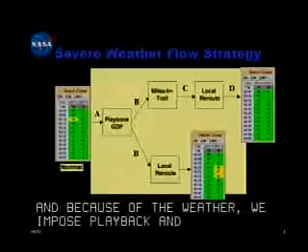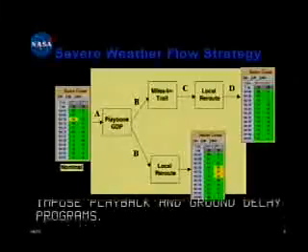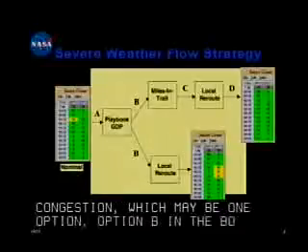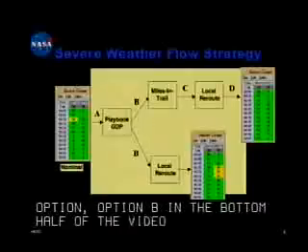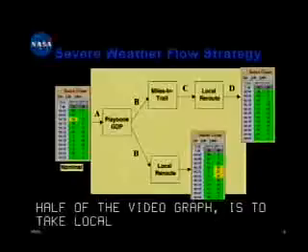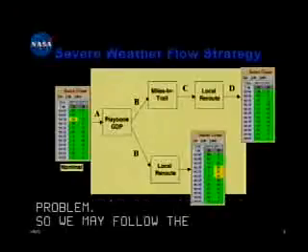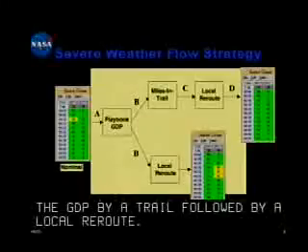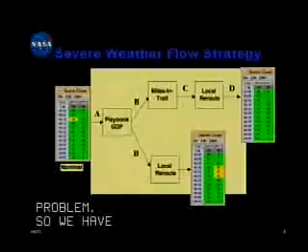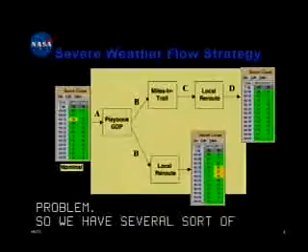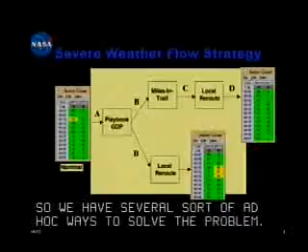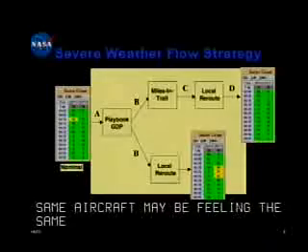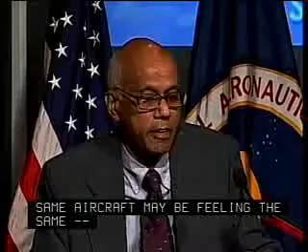And this causes even more congestion, which may be one option. Option B in the bottom half of the view graph is to take local reroute. That doesn't seem to solve the problem. So we may follow the playbook and the GDP by miles in trail followed by a local reroute to completely solve this problem. So we have several sort of ad hoc ways to solve the problem. So the result of this is the same aircraft may be feeling the same multiple effects, which might make it more delayed.